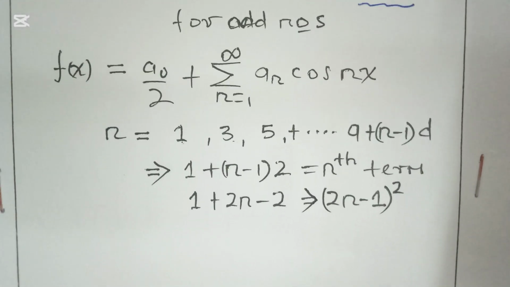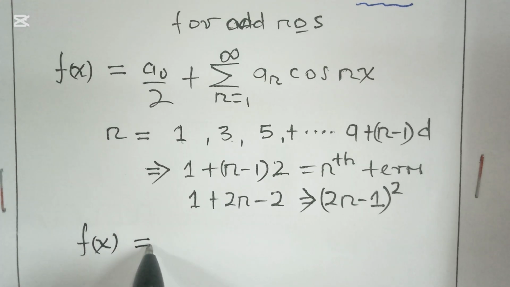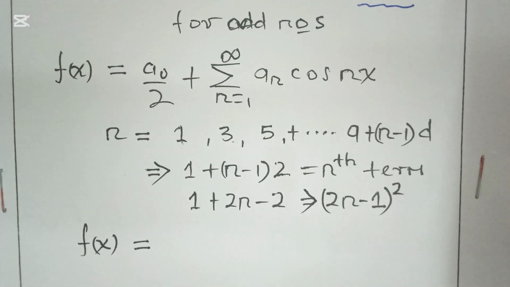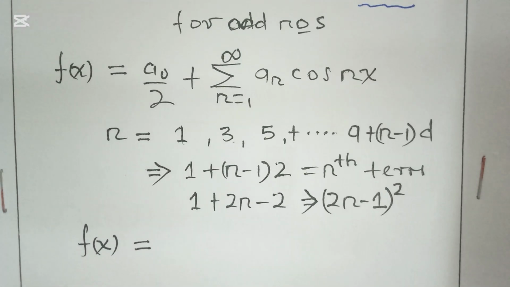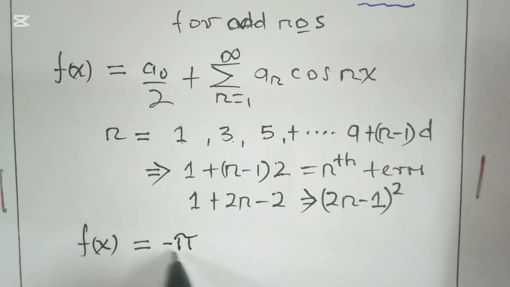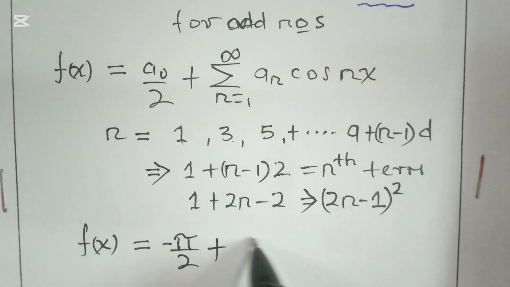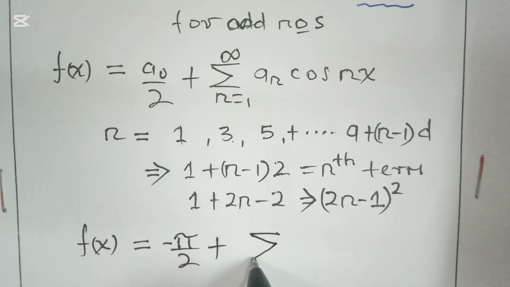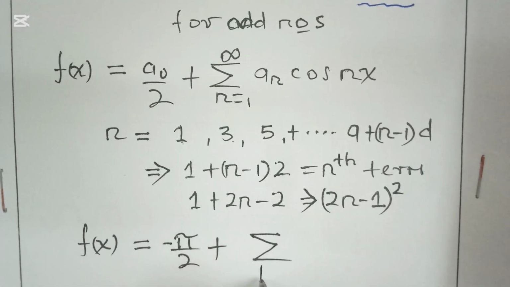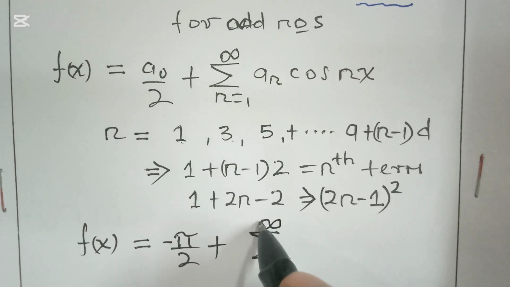And so as we come, we shall say now our f(x) is equal to a0. a0 was negative pi, so it will be negative pi over 2 plus, we put that summation there, n equals 1 to infinity.